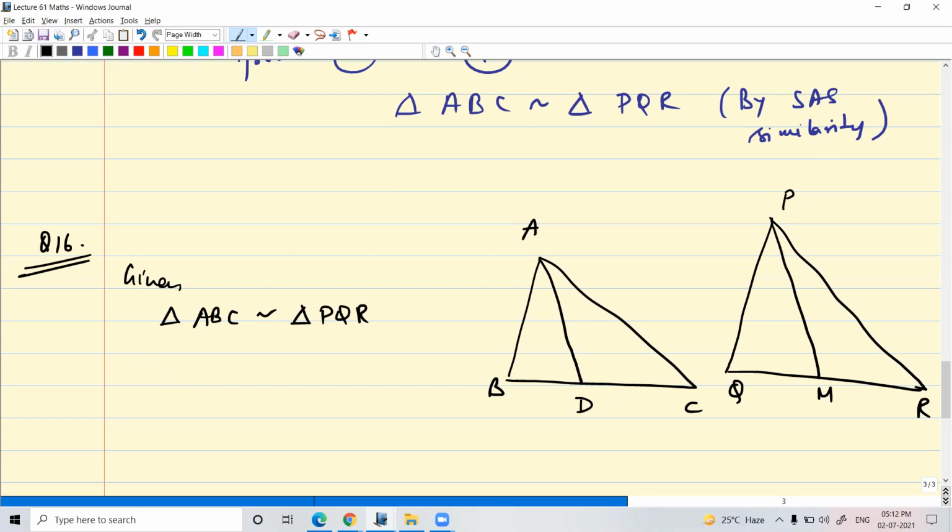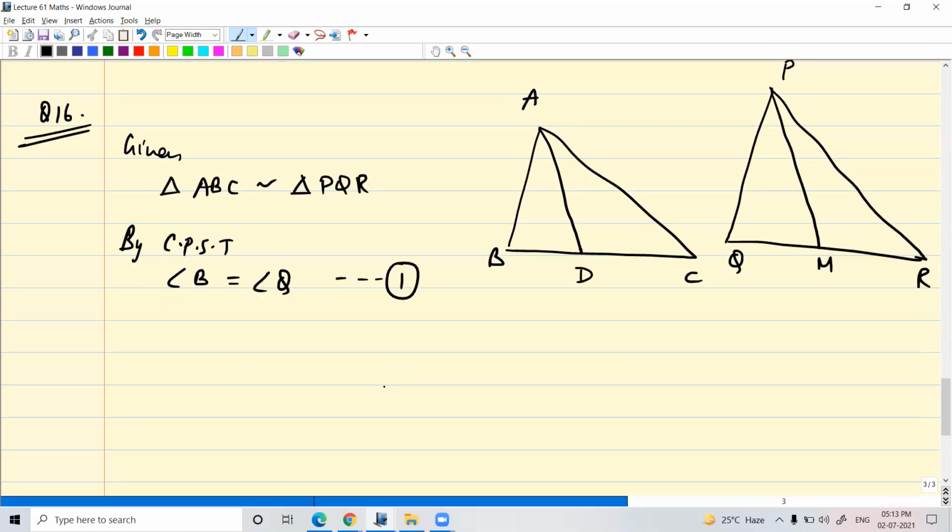So in triangle ABC and PQR, they are similar. Sir, by using CPCT, we can prove that angle ABC is equal to angle PQR. And the ratios will be equal, sir. AB by PQ is equal to BC by QR.